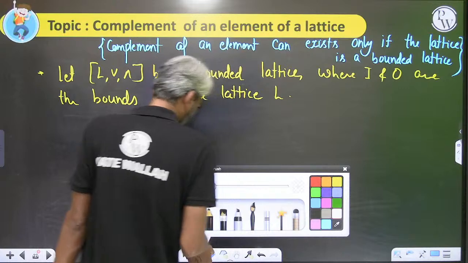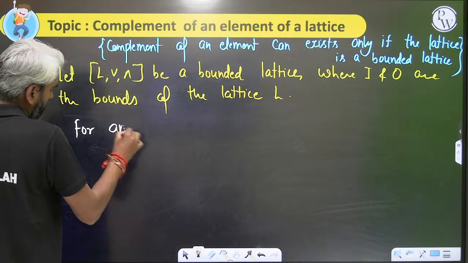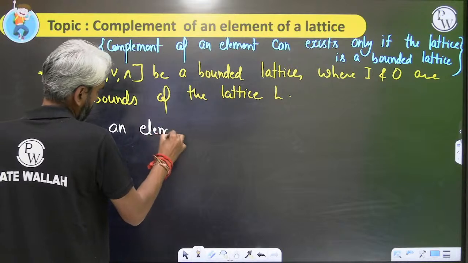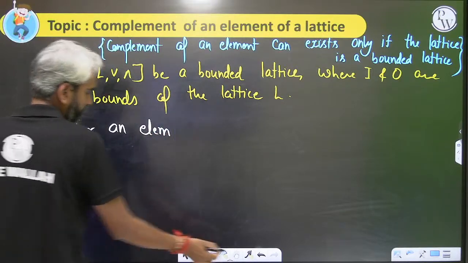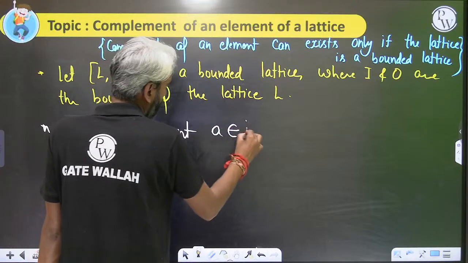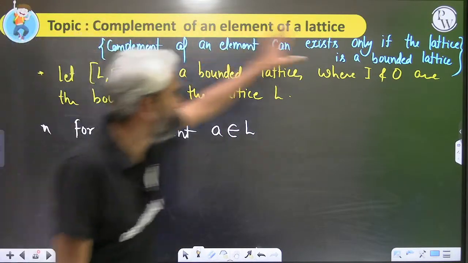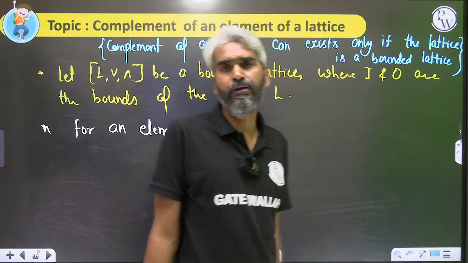Now, next, for an element A belonging to that L. Now, we have a bounded lattice and we have this upper bound and lower bound of the lattice.